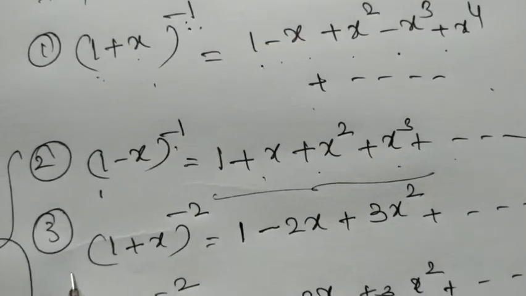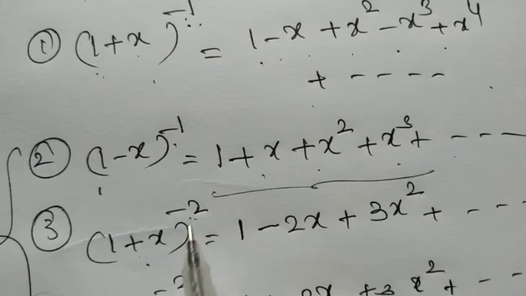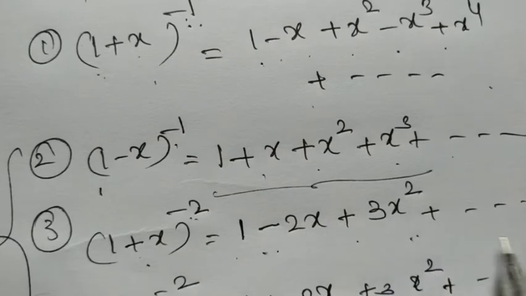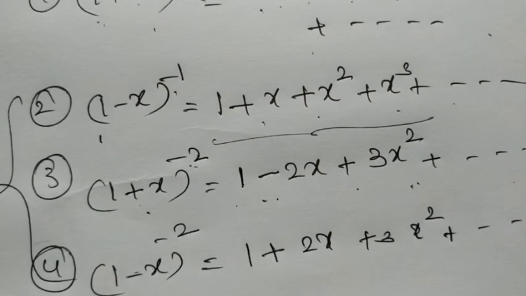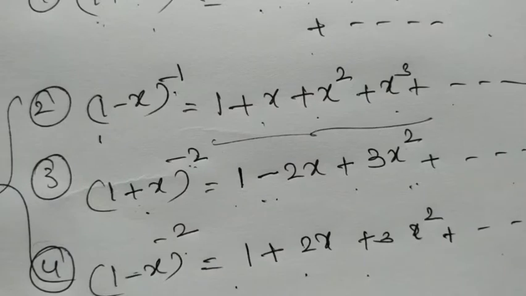Next formula, (1 plus x) whole power minus 2, with alternative signs: 1 minus 2x plus 3x square and so on. Next, (1 minus x) whole power minus 2 equals 1 plus 2x plus 3x square plus and so on. So moving to the problems.